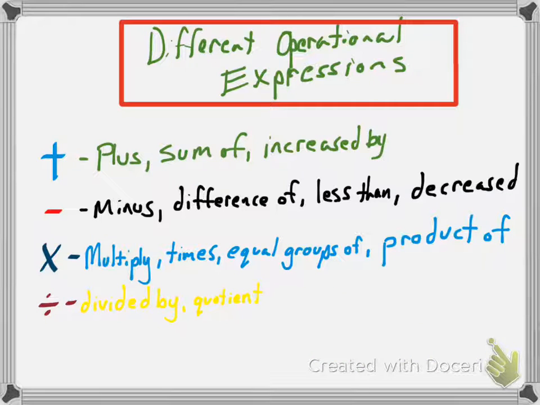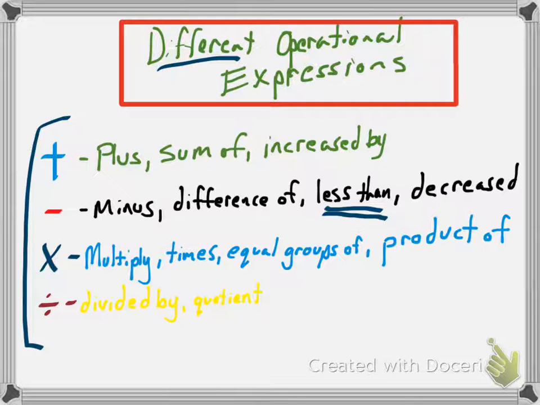Alright, different operational expressions. I know my handwriting's bad. Here are the 4 operations. Plus, sum, plus can also be written as sum of or increase by. Minus sign can be minus, difference of, and this one's always real tricky for everybody, less than and decrease by. Less than, we'll go over a little bit later, but it's a really tricky one. People get it confused all the time. Now, multiplication is multiplying, times, equal groups of, and product of.